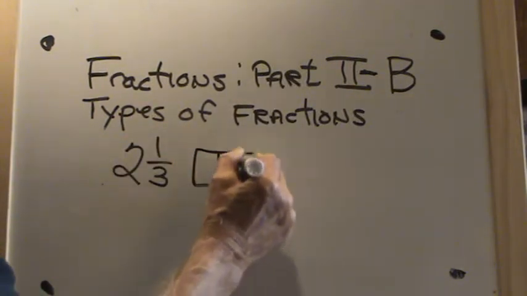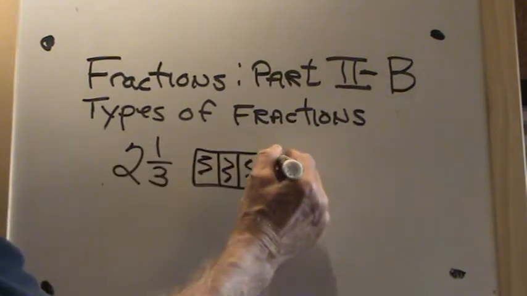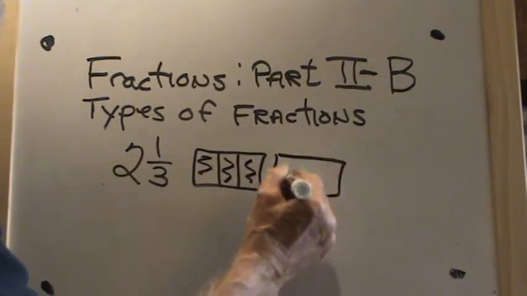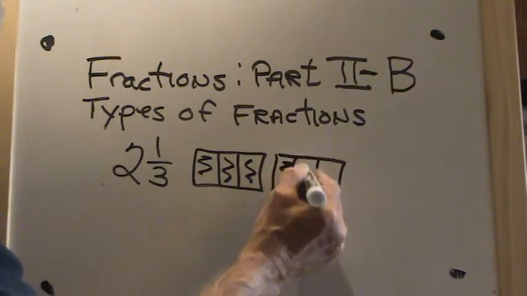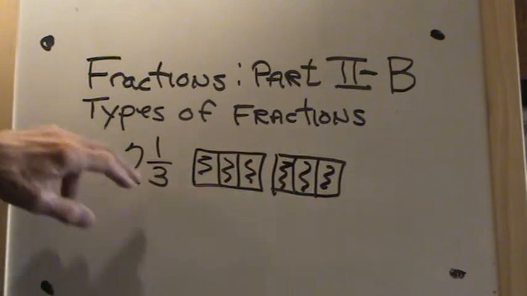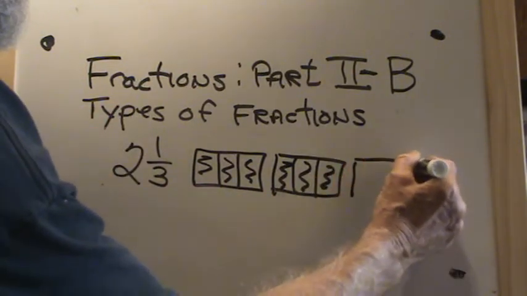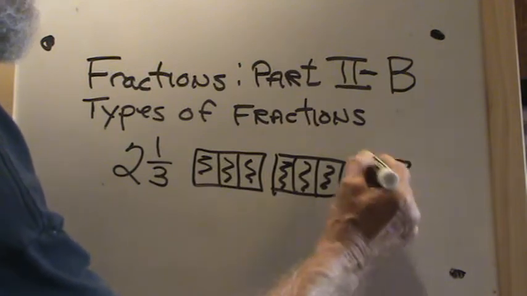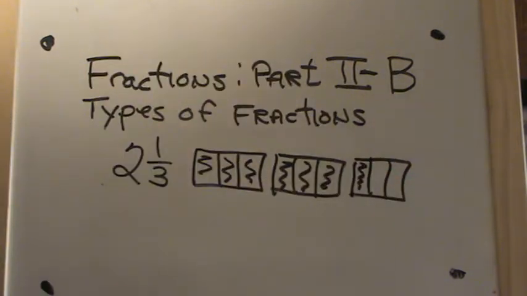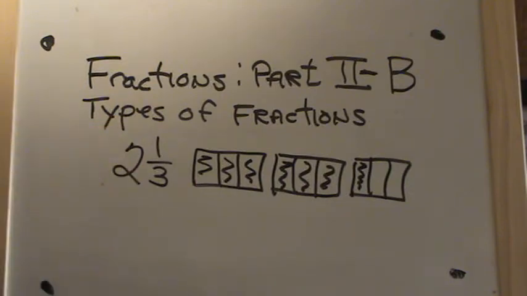There are 3 pieces. But I need 2 wholes. So I have to draw another one. So that's 1 whole and that's 1 whole. And then I need 1/3 of another. So I have to draw another and use 1 of that. So that's how I would draw 2 and 1/3.